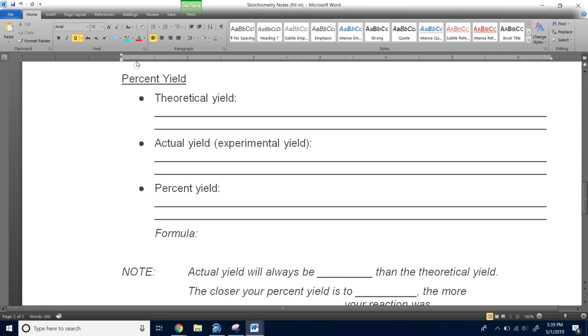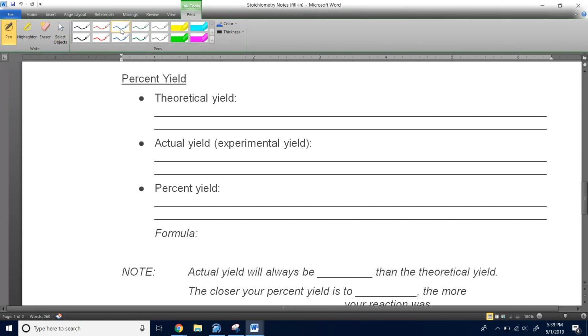The theoretical yield is, I'm sorry, let me get my pen real quick. There we go. So the theoretical yield is the mass of the product that is calculated based on stoichiometric calculations.